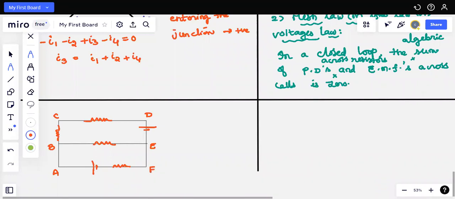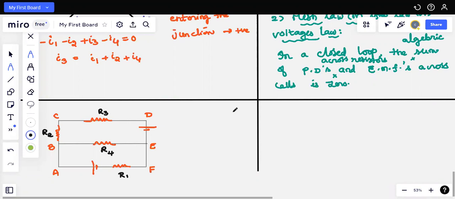Now, what are the resistance values here? Let them be like this: this is R1, this is R5, and here I write R2. This is R3, this is R4, in order.